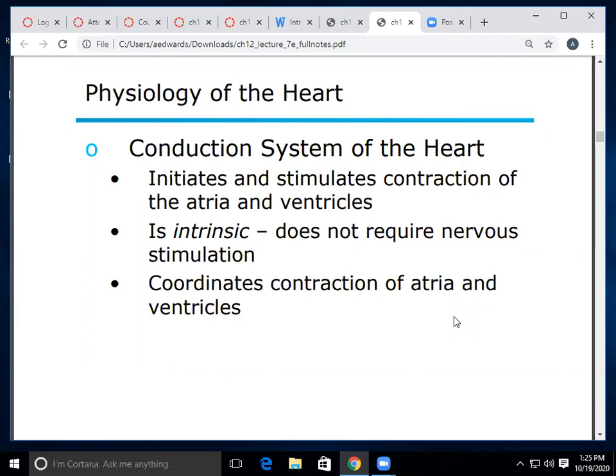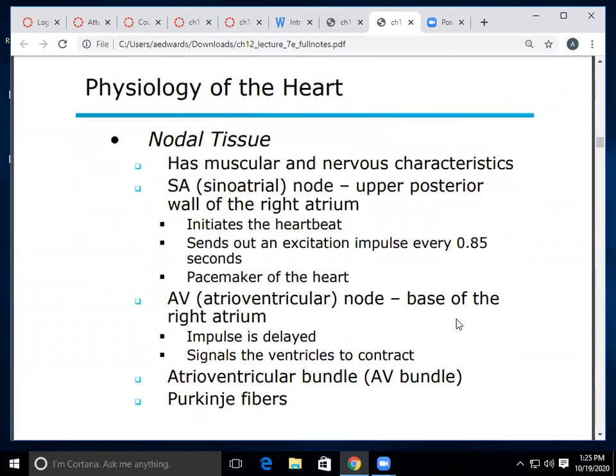It's intrinsic, so you don't need the nervous system to make your heart beat. And you get a coordinated contraction of your atria and your ventricles. So you get nodal tissue. Nodal tissue has both nervous and muscular characteristics.